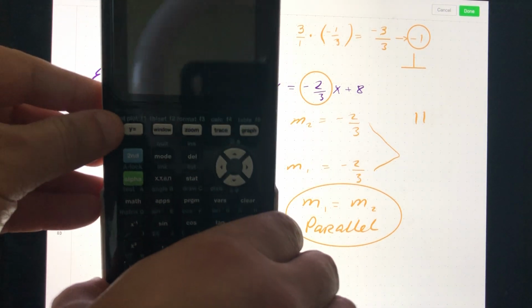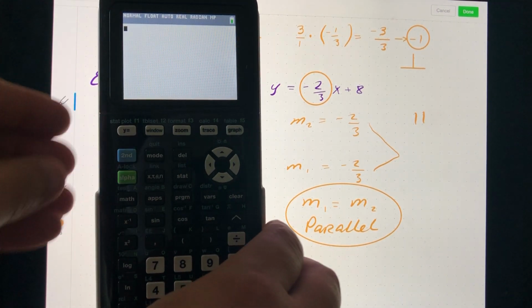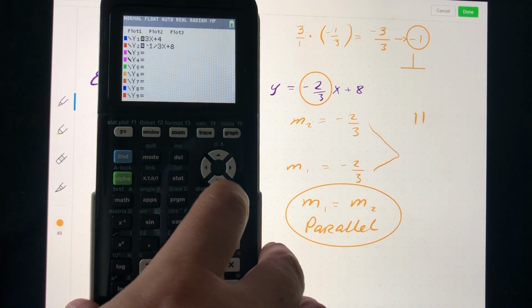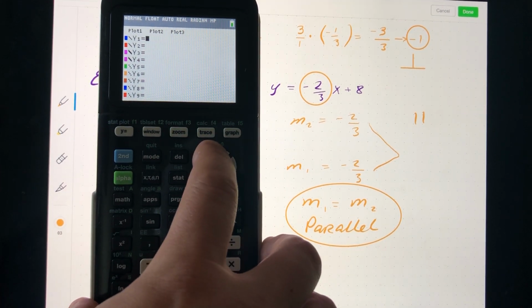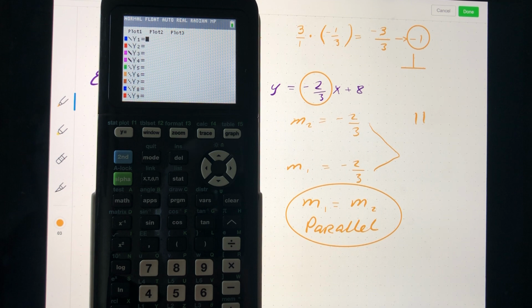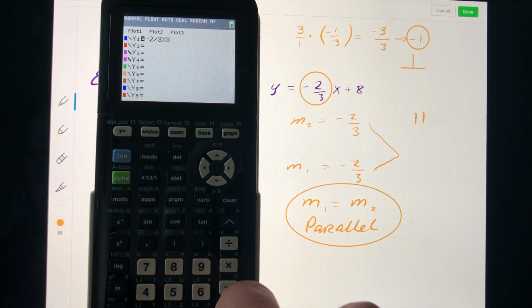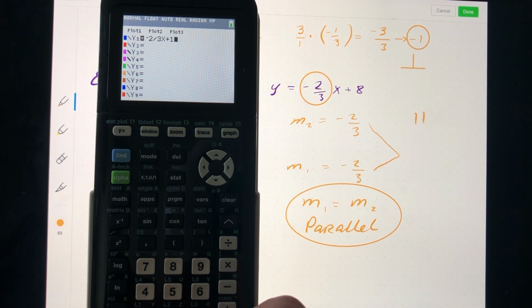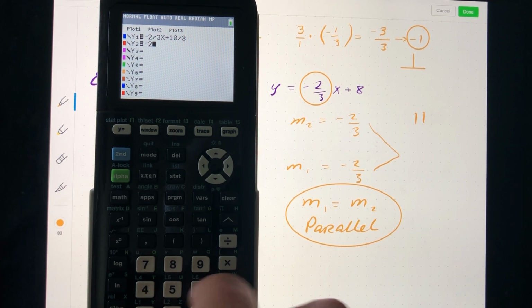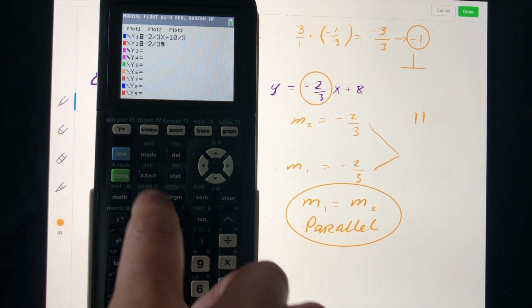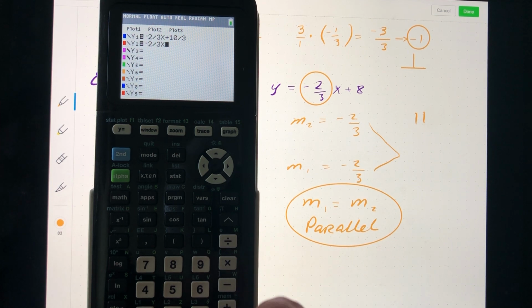Now let's look at them with a calculator. So go back to y equals, clear the screens, and type in our first equation: negative 2/3 x plus 10/3. The second is negative 2/3 x plus 8.